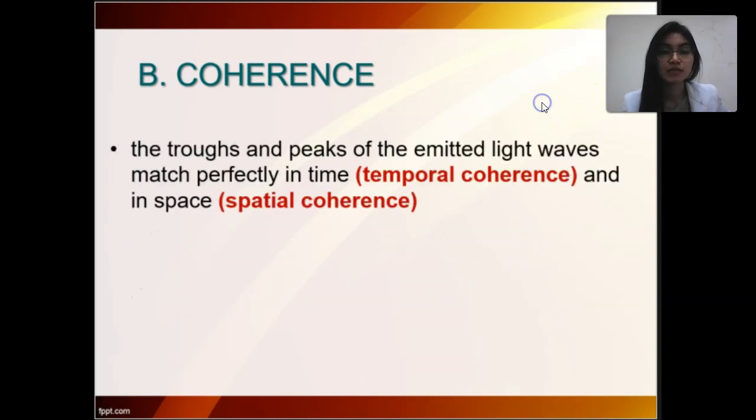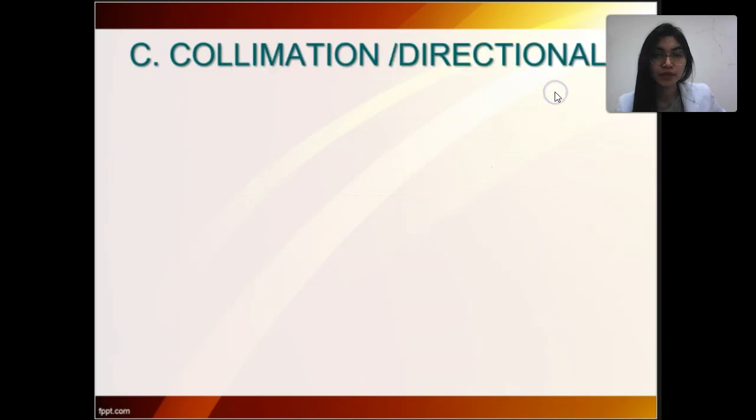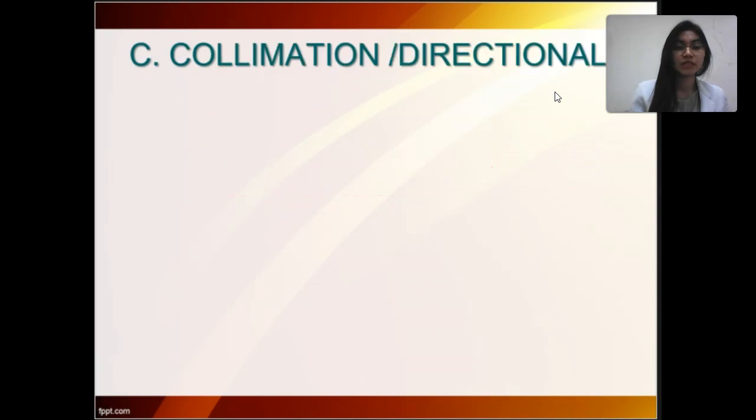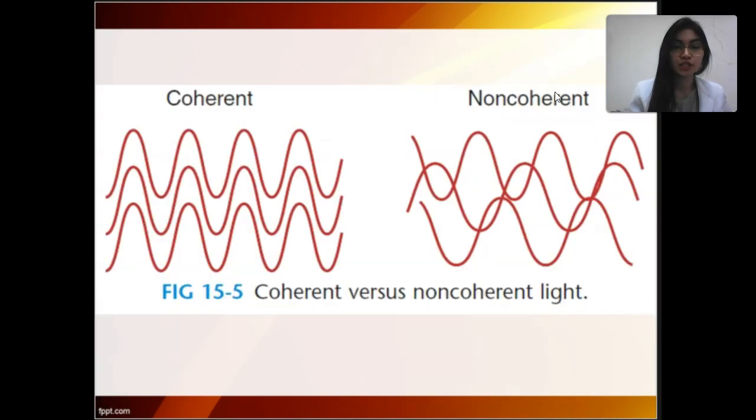Next is your coherence. The troughs and peaks of the emitted light waves match perfectly in time and in space. We have a picture here, I believe. Next slide so we can appreciate it. That's your coherent.